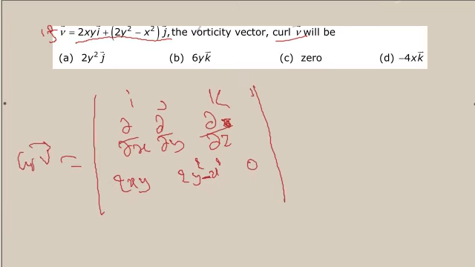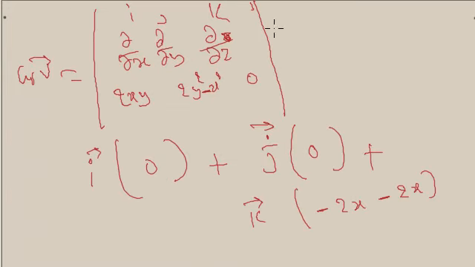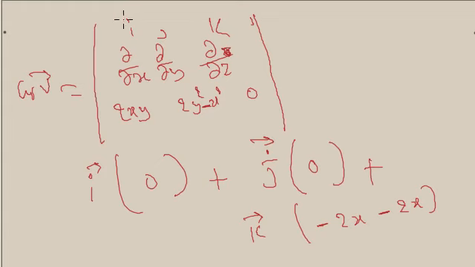If you solve this, if you find the curl of v, this is the vector i, j, k. For i, differentiation of 0 is 0, and differentiation of y and x with respect to z is 0, so this is 0. For j, differentiation of x with respect to z is 0, and differentiation with respect to x of 0 is 0, so this is also 0.